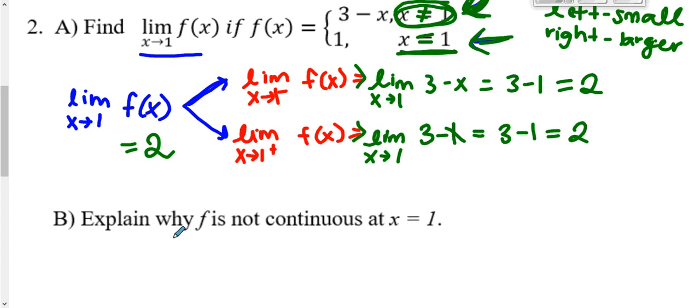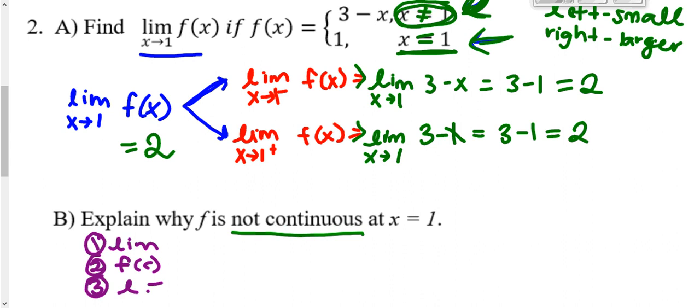Looking at the second part of this question, explain why f is not continuous at x equals 1. Remember, this is writing out, so we have to write down our reason. Well, we have 3 rules for continuity. 1, we have to have a limit. 2, we have to have a point. 3, the limit and the point have to be equal to each other. So we do have a limit.